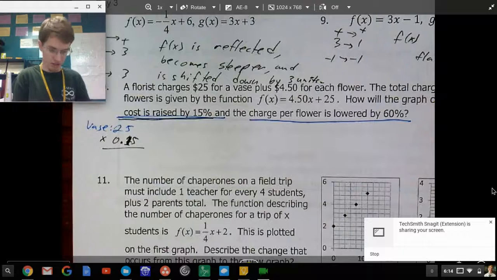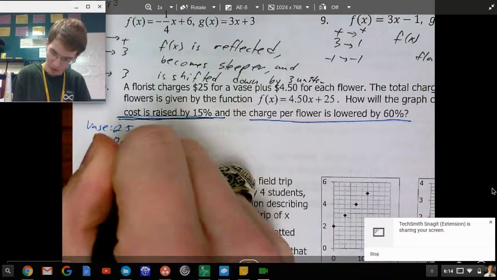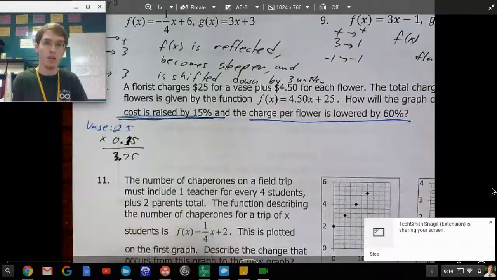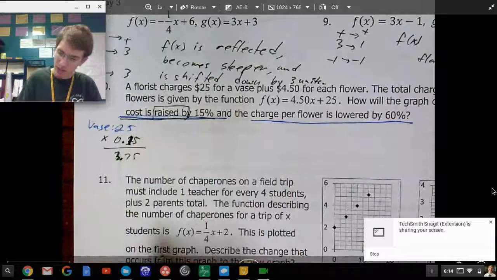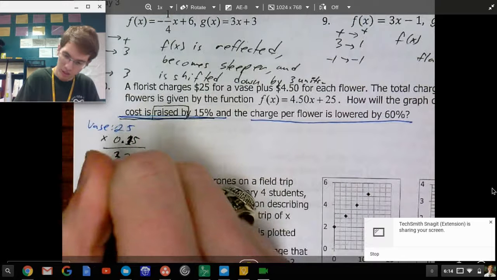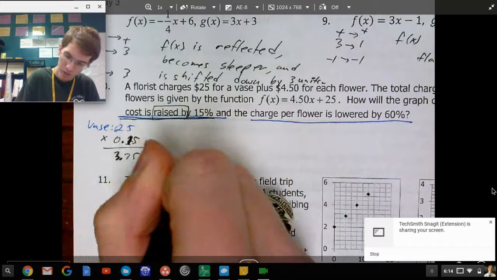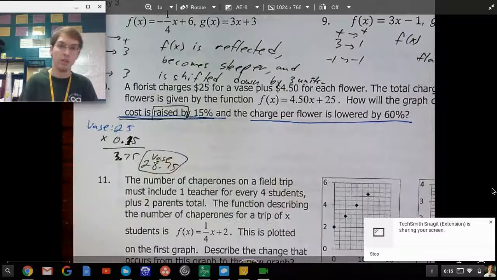Let's see, 25 times 0.15. So this is $3.75. So it's being raised by that much. That means the total for the vase now is $28.75.